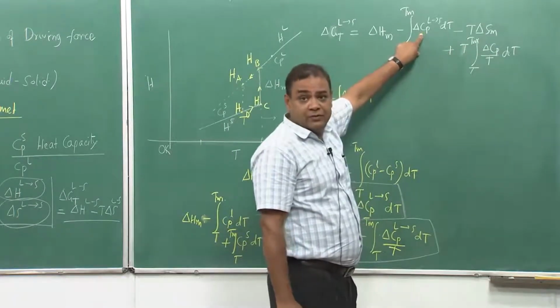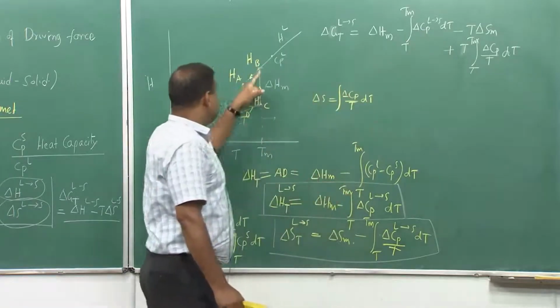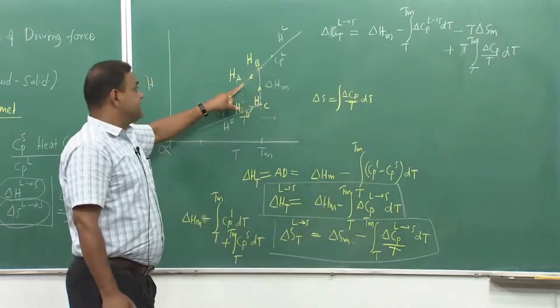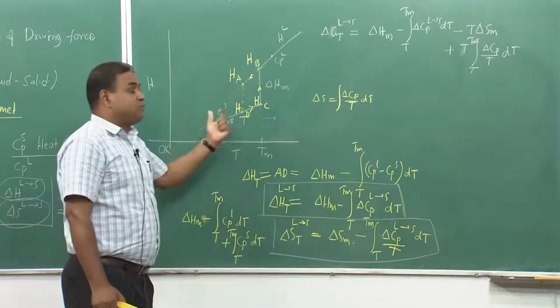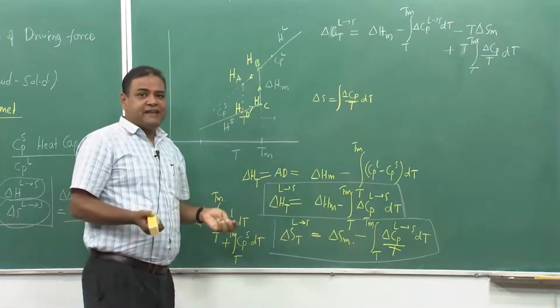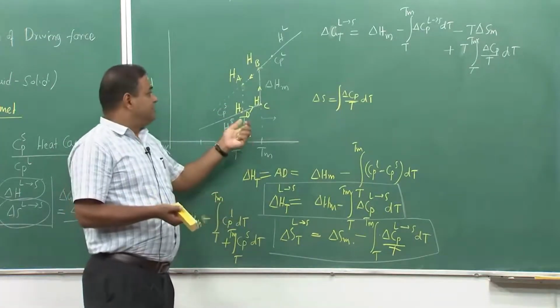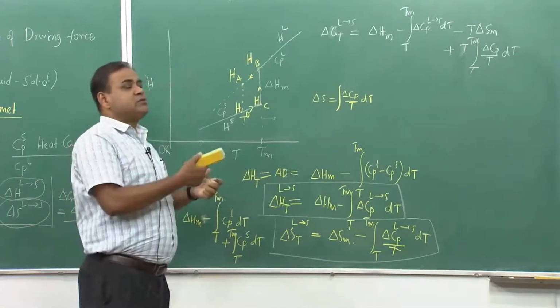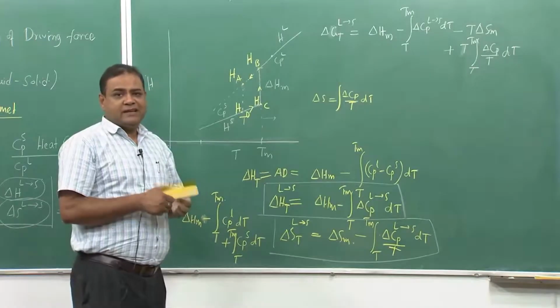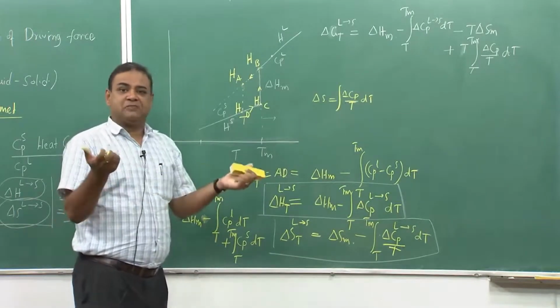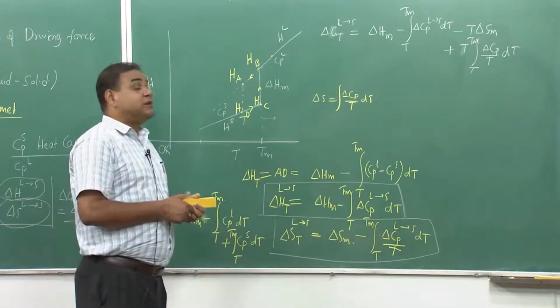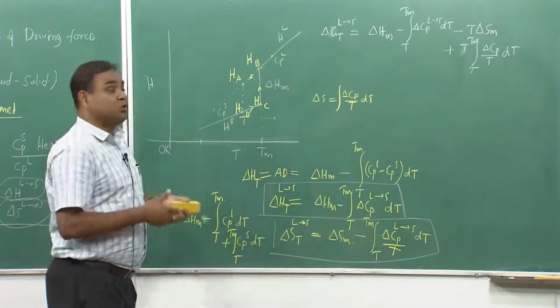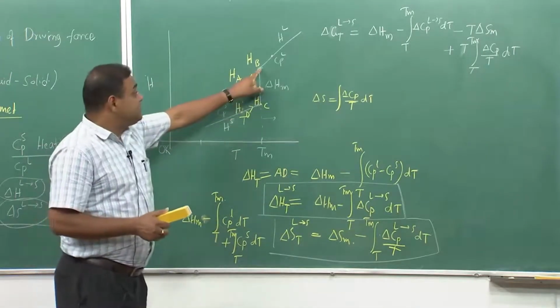Now, since this is very easy to find out from experiment, which is the DSC, this is also easy to find out from DSC, but the difficulty is to find out this value. Now, we assume that the liquid remains liquid below melting point, but this is against our actual experimental evidence.